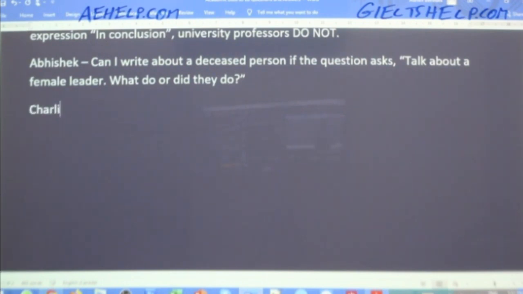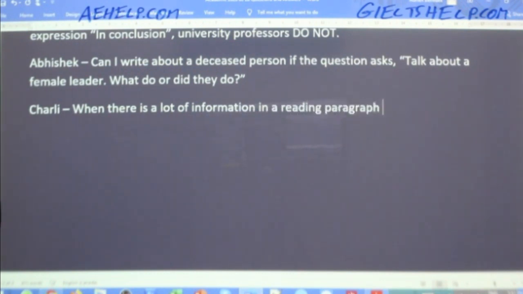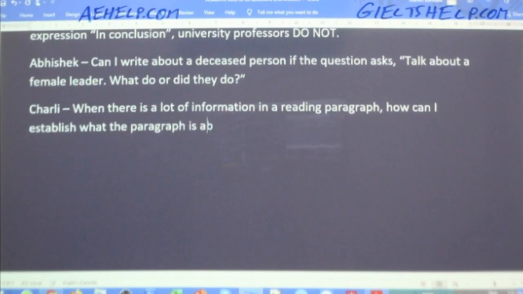Charlie is asking, when there is a lot of information in a reading paragraph, how can I establish what the paragraph is about?